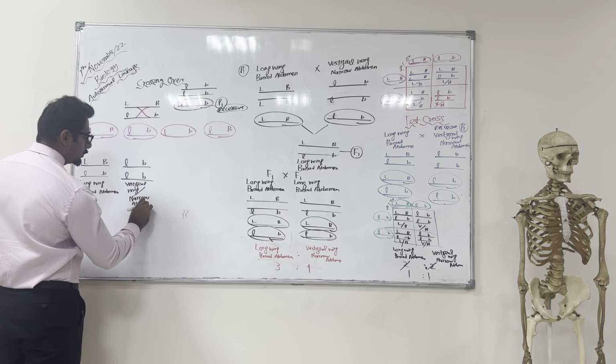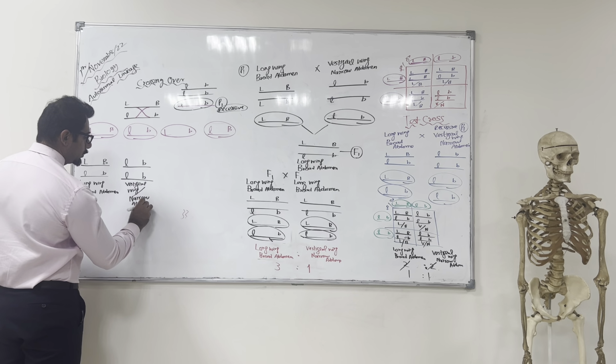Understood everyone? Next step. If this one joins with this one, it will be capital L, small b, small l, small b, sorry, both are small. Now a new phenotype: long wing and narrow abdomen.